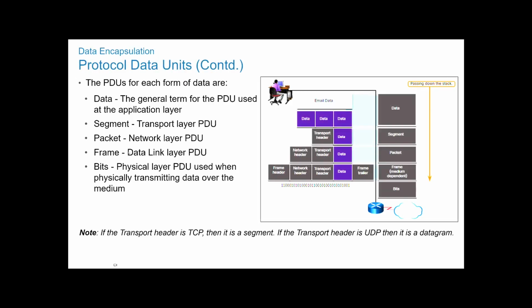That entire packet is then framed at the data link layer and in turn sent over the physical layer, transmitted as ones and zeros across whatever medium it is. So we encapsulate as we go top to bottom, and we de-encapsulate as we go from bottom up.